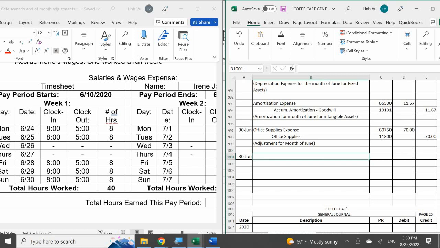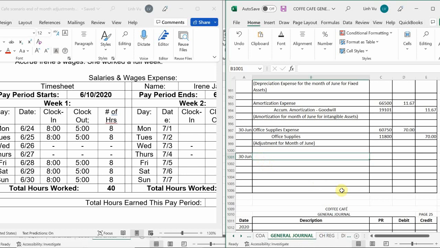So now it becomes a liability. This is where we will be using the salaries and wages payable account. First, I need to address how much is going to be expense for the month. So I'm going to need my salaries and wages expense, just like normal when I pay her. The only difference is instead of paying her, I'm going to owe her the money.